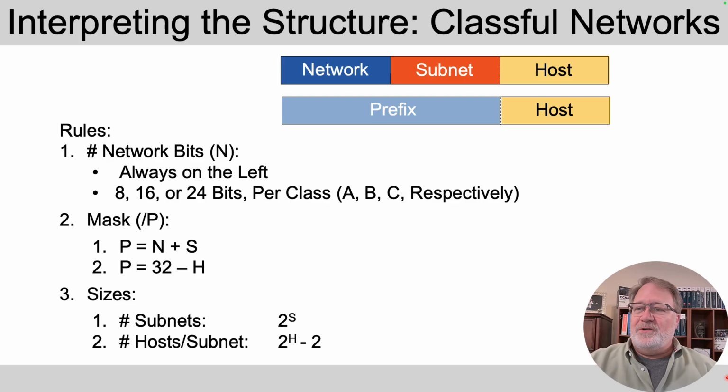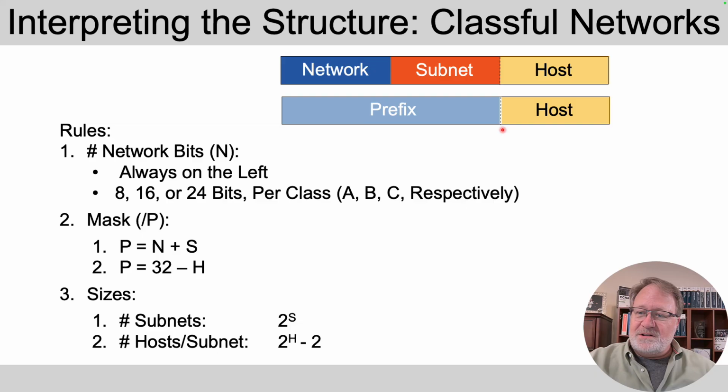So here's the deal. If you're starting with a class A, B, or C network and subnetting it, the width of the network part is determined by class A, B, and C rules. It's 8, 16, or 24 bits wide, depending on the class being A, B, or C. So that's the first thing to start with. And then you look at the choice of what one mask the designer chose. That would be this dividing line out here. So it turns out the network and subnet part combined equals the prefix length in the mask, slash whatever in the mask.